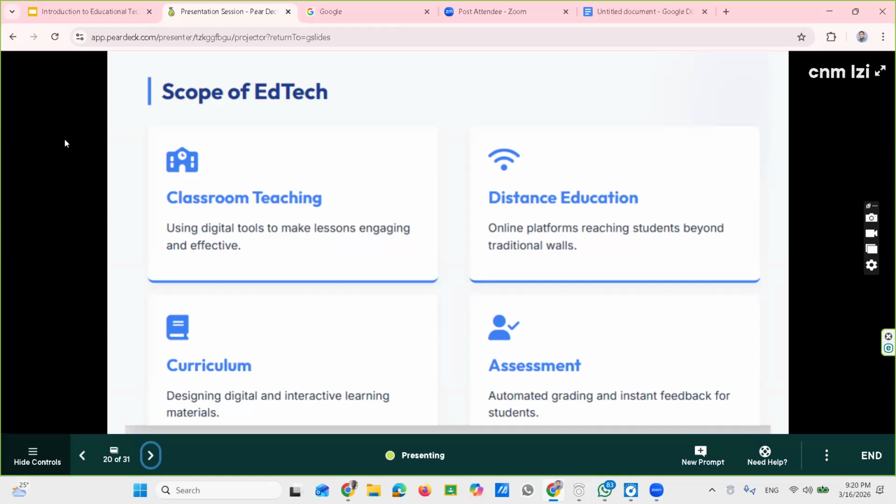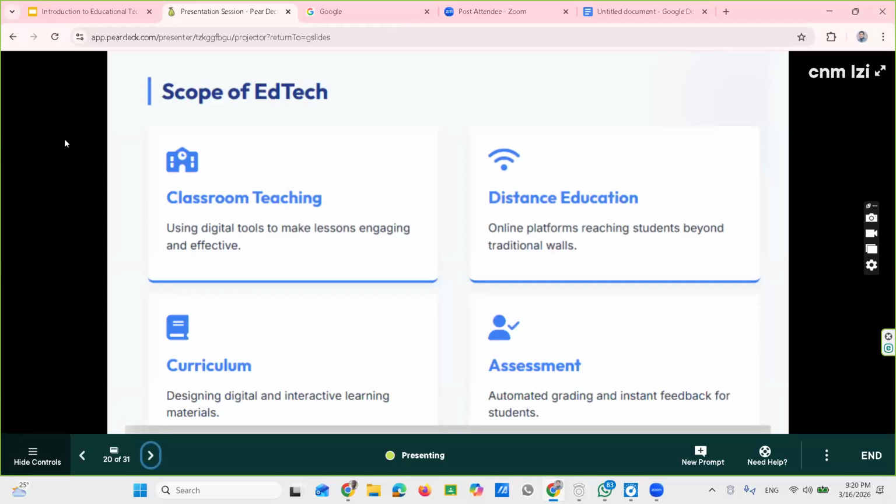They are using online platforms to conduct online classes, right? There are advantages and disadvantages there. Later we'll discuss the features, advantages and benefits of doing online classes, right? But in the scope, you can discuss distance education as another part.